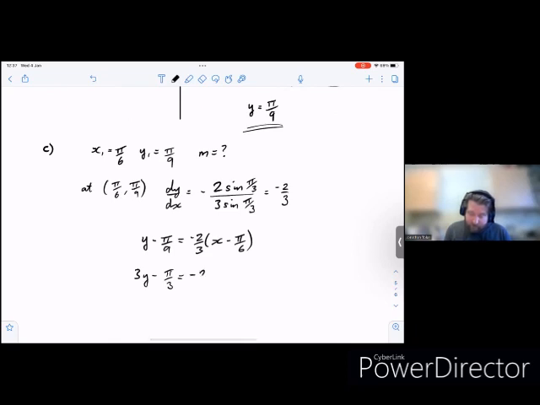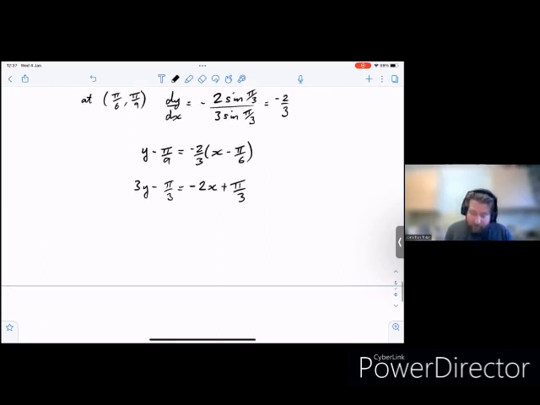So we get minus 2x plus 2 times pi over 6, which is pi over 3. Move everything to the left-hand side there. We get 2x plus 3y minus pi over 3 minus pi over 3, which is minus 2 pi over 3.